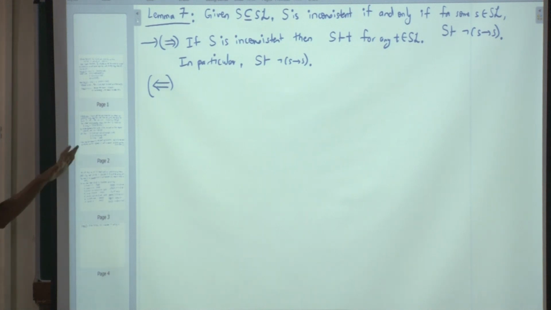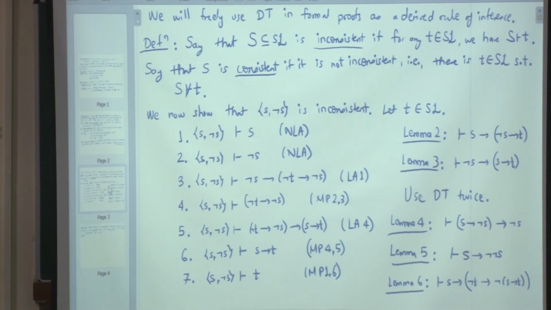I mean, I want a proof of S implies T for any T. Like we have negation S implies S and S implies S. So we can use the previous one and then we have everything. Negation S implies S and S implies S, and then you can prove any claim. Yeah. But then you have to use a cut rule.